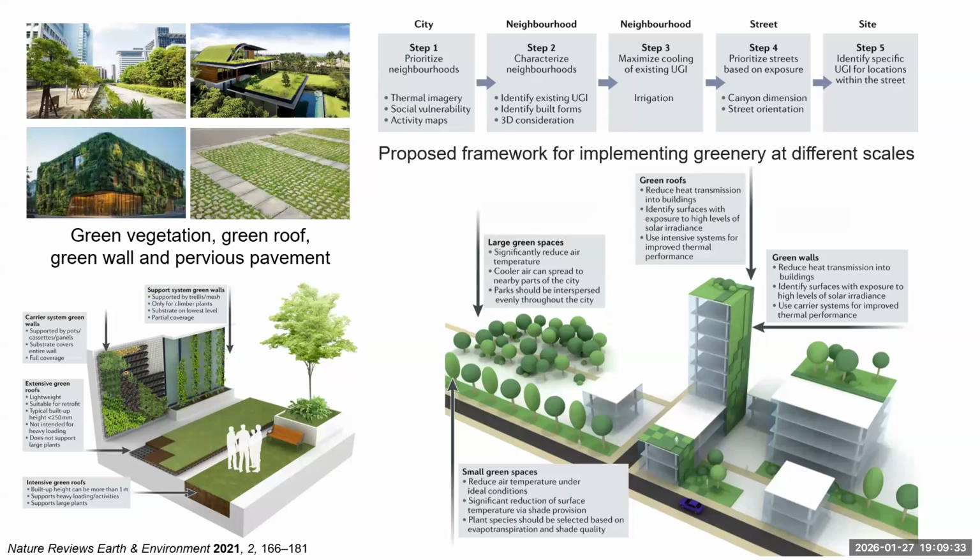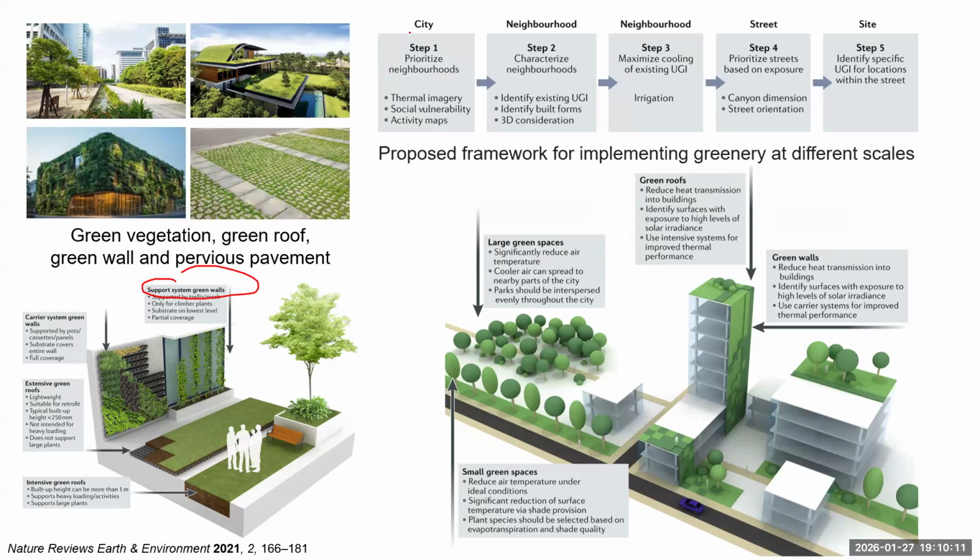So the greenery can be the carrier system green walls, extensive green roofs, intensive green roofs, and even support system green walls. And at different scales, we can see we have different steps.